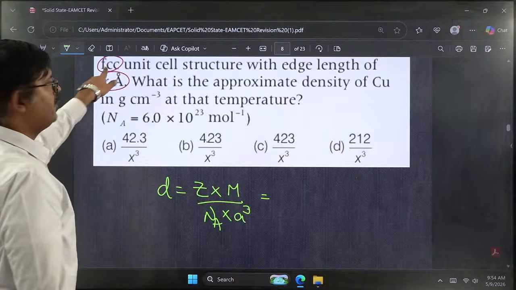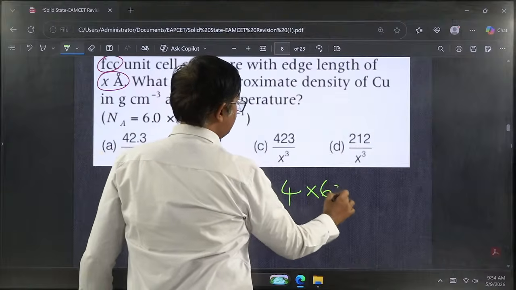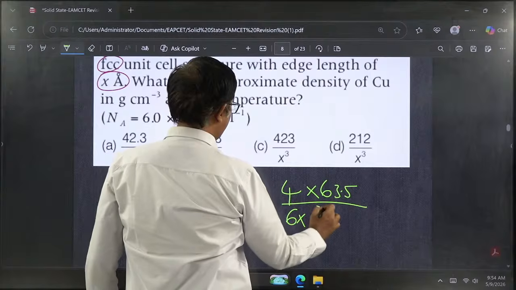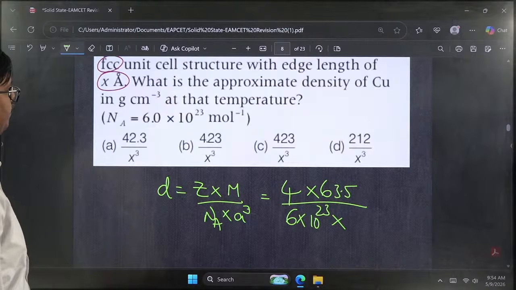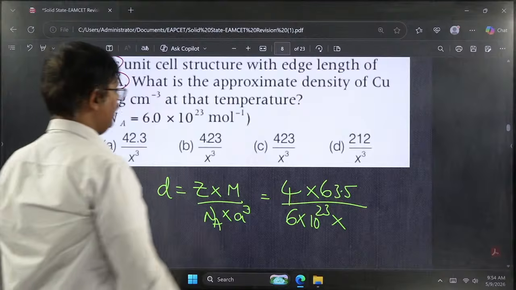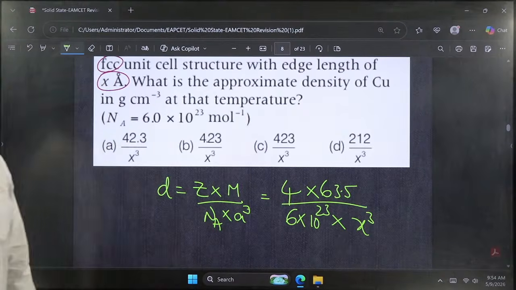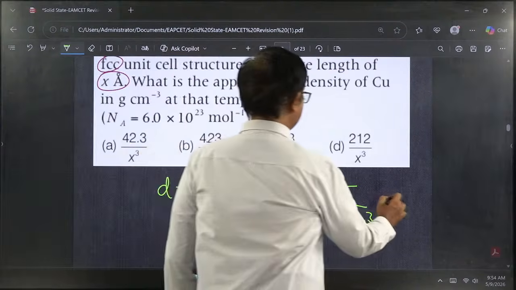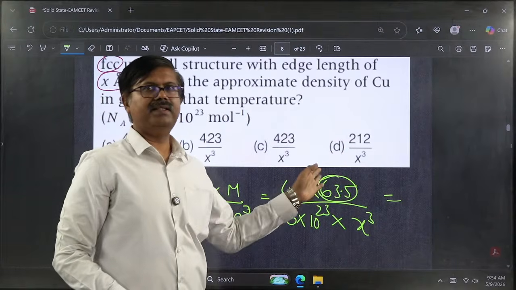Number of atoms, how many in an FCC unit cell? 4. Molar mass of copper 63.5 grams by Avogadro number 6 into 10 power 23. Then a cube. The edge length is given, X only. So X cube. This is the density. How much are you getting? See, approximately I will take this as 60 so that I can cancel this.